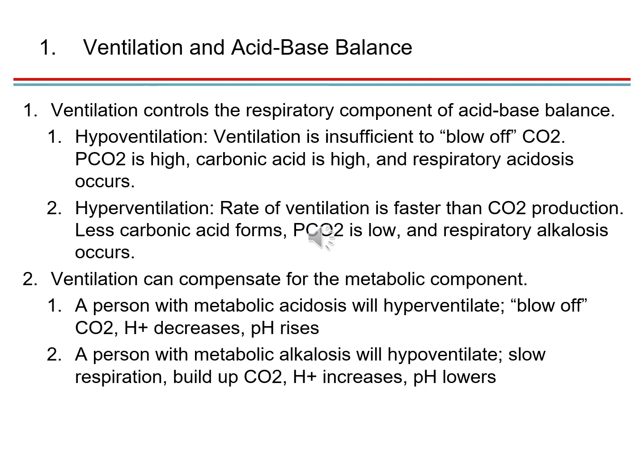In hyperventilation it is the opposite side. The rate of ventilation is faster and the amount of carbon dioxide eliminated by breathing out increases. So hyperventilation decreases the amount of carbon dioxide, the ideal levels in our bloodstream.